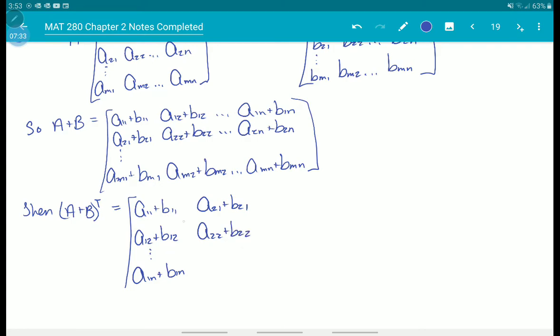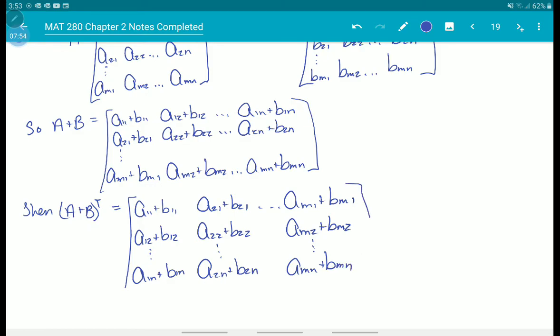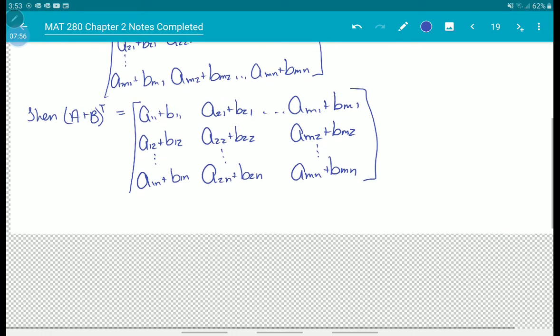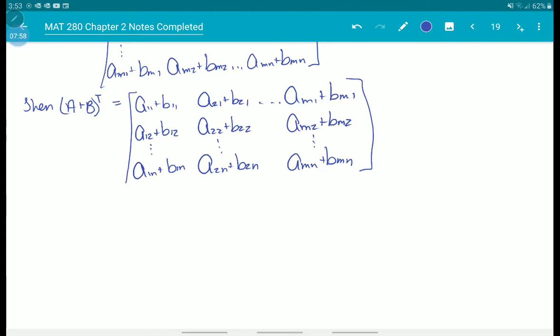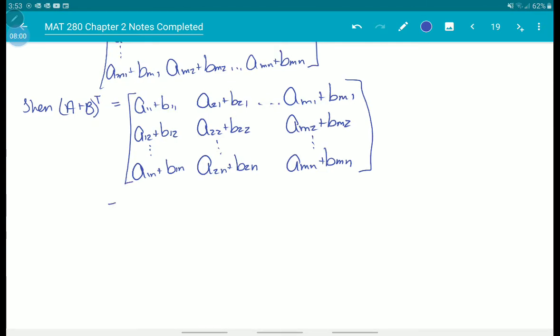Notice those diagonal entries are going to be the same. So there's that sum. So now we could split apart that addition.